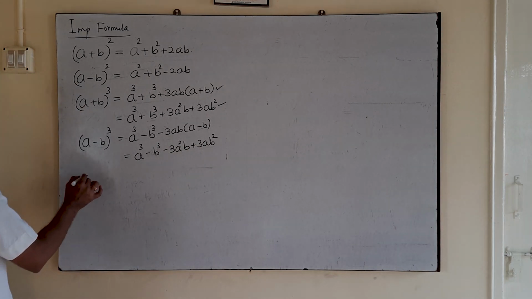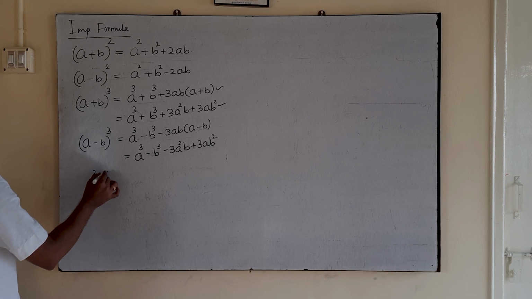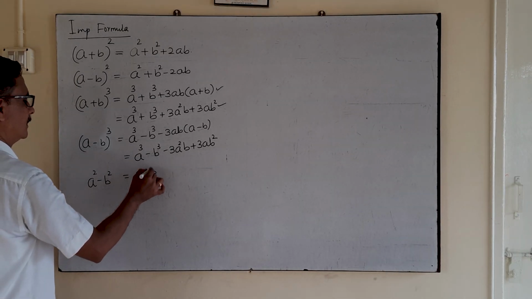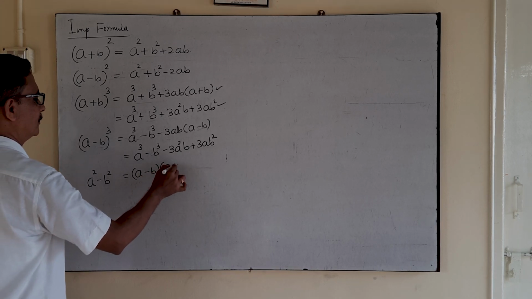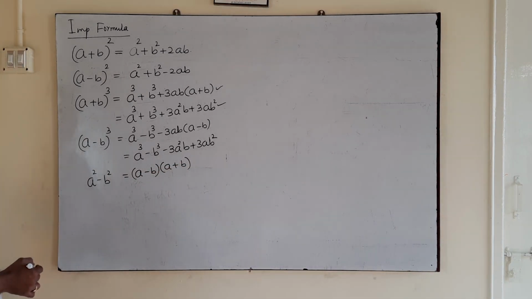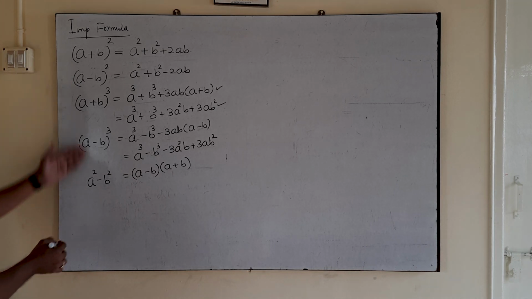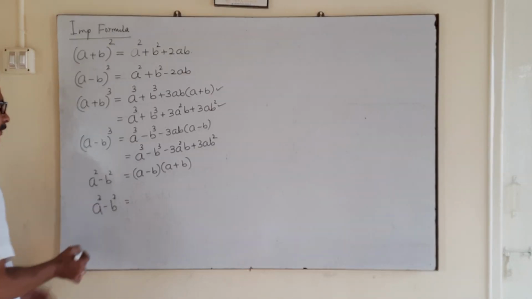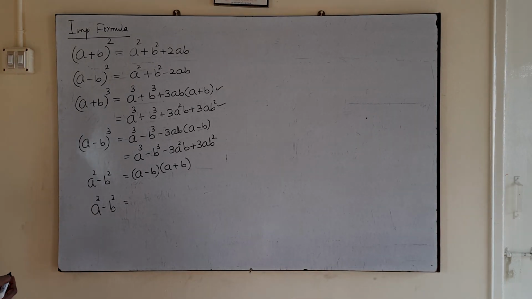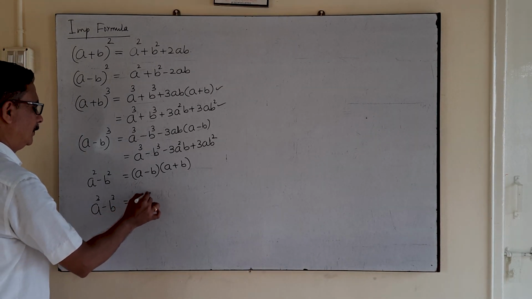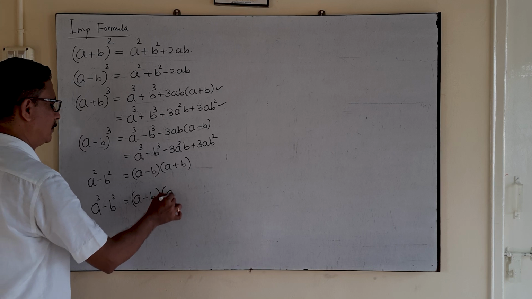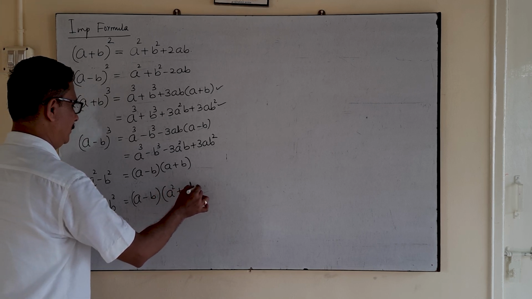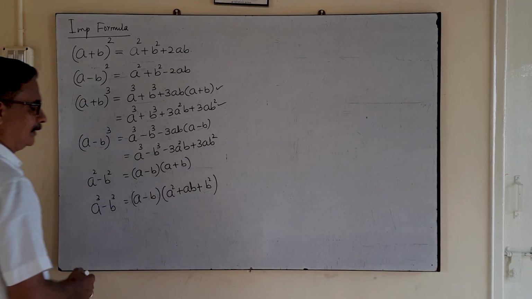Okay. Whereas a square minus b square, how to write this? a square minus b square is the same as (a minus b) into (a plus b). Correct? So similarly, what is the formula for a cube minus b cube? You should know how to split it like this. What is that? (a minus b) into bracket (a square plus ab plus b square).